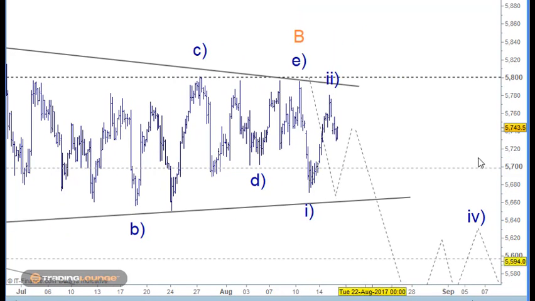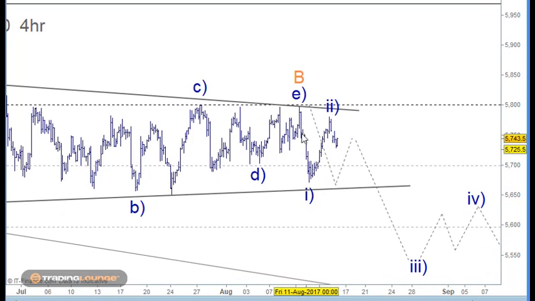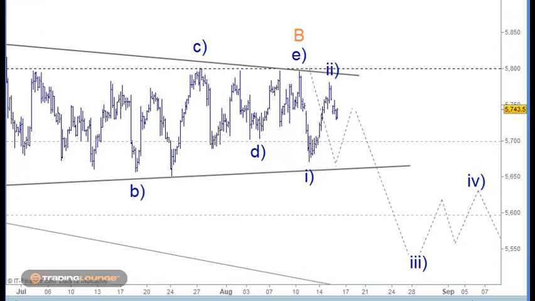this is what we were looking at last time we spoke. We were looking at this as wave 1 down, and then this as wave 2. Now wave 2 would pull back roughly 61.8% of the previous move down, but it's moved higher than that. The 61.8% would come to about here somewhere.